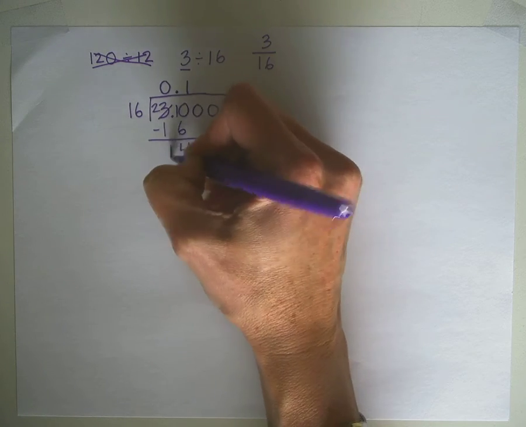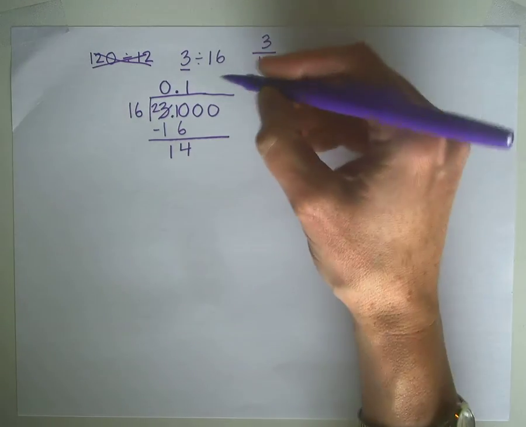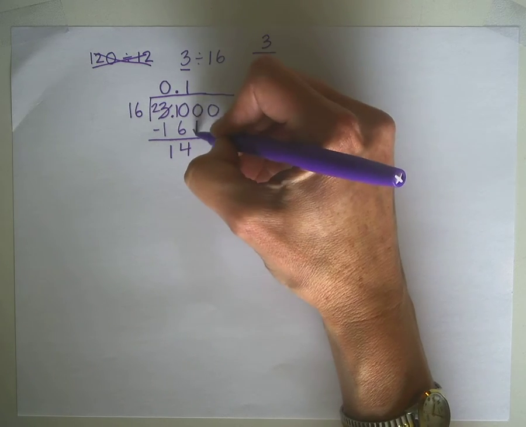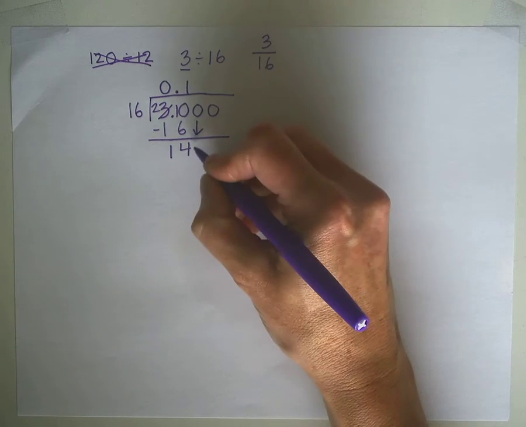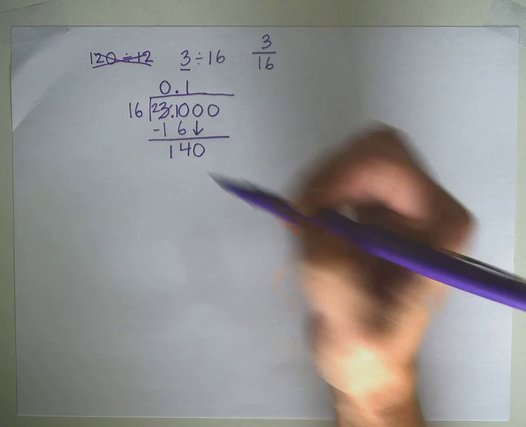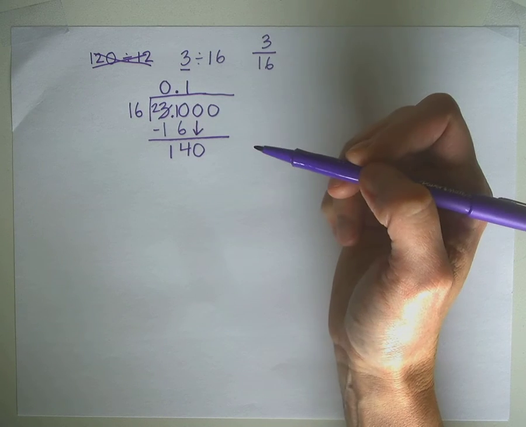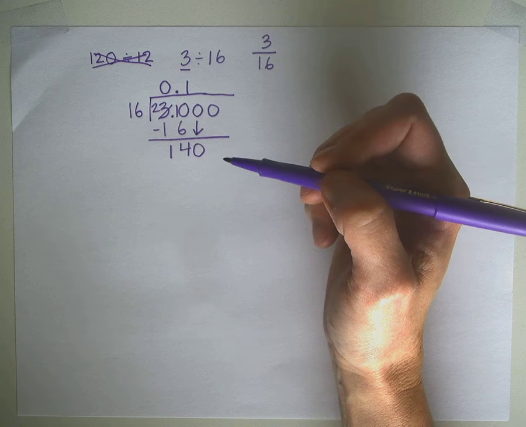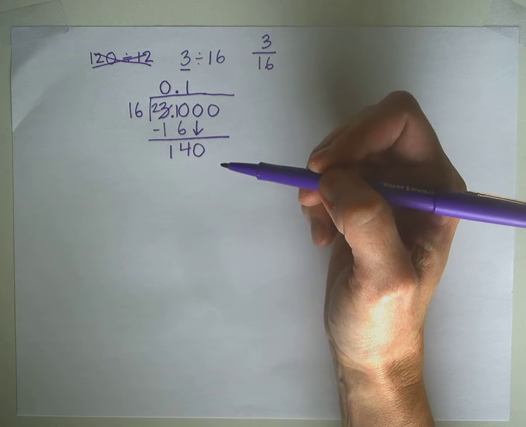Get 14. And now we're going to divide the rest of it. So we're going to bring down that 0. And now we have 16 into 140. My estimate for that would be 8 or 9, but I'm going to go with 8, I think.